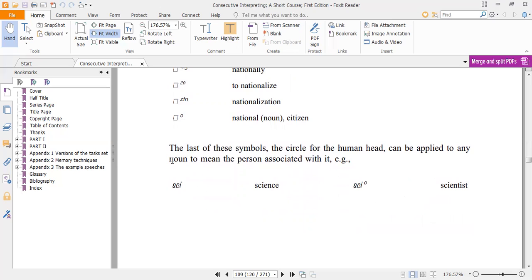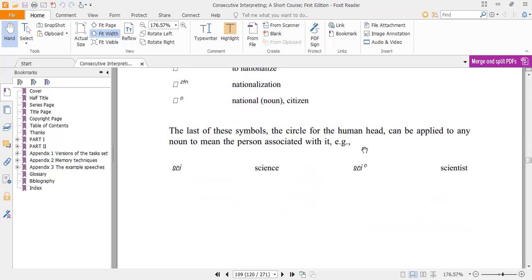Now, the last of these symbols, the circle for the human head. If we draw a circle above, it refers to the person associated with the noun. For example, science. Science is a noun. We can take the first three letters as an abbreviated form.